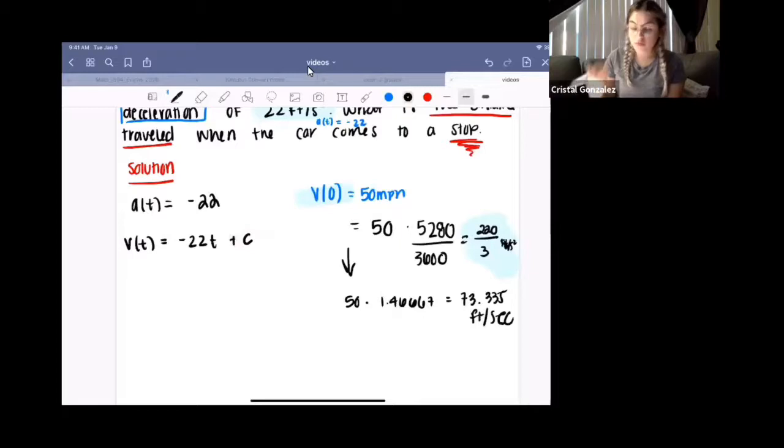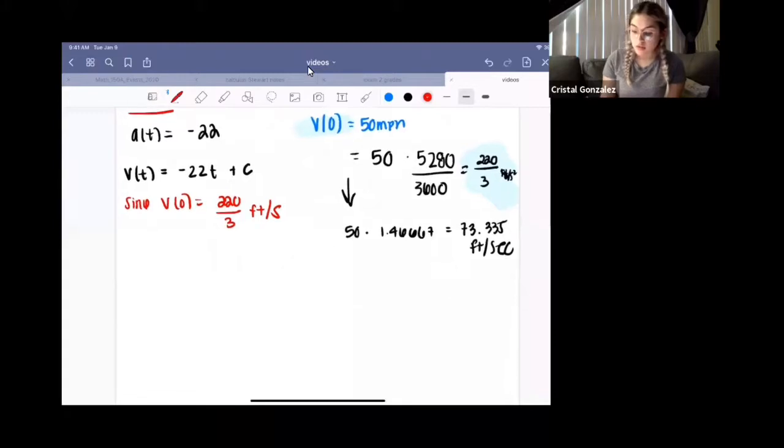But now we're going to use our initial condition, our initial velocity, and say since v of 0 is equal to 220 over 3 feet per second, then if we plug that into our velocity function with the unknown constant, we get 220 over 3 is equal to negative 22 times 0 plus c.